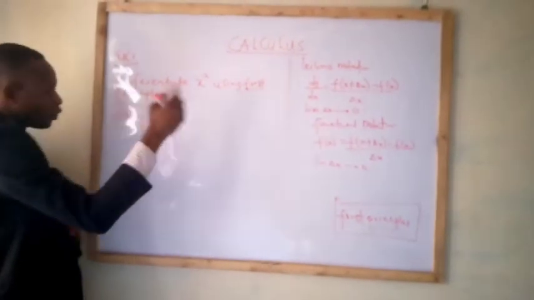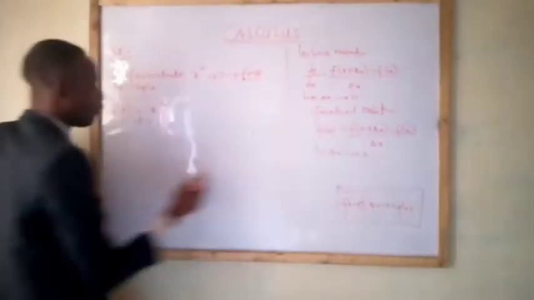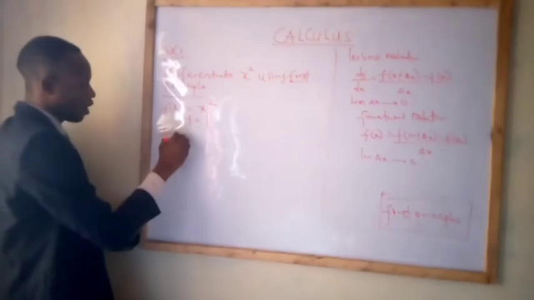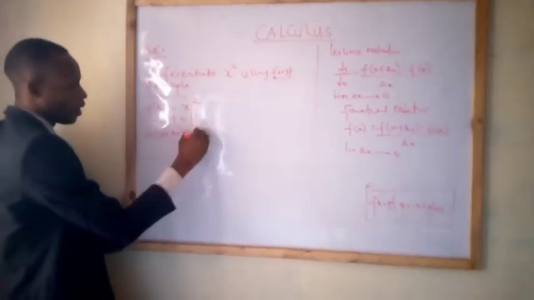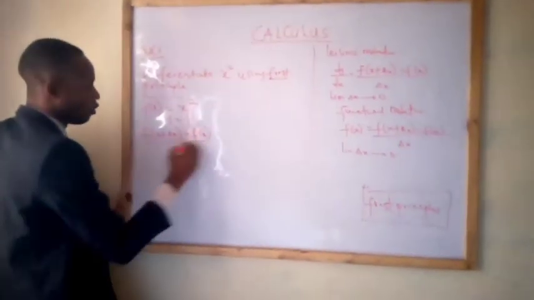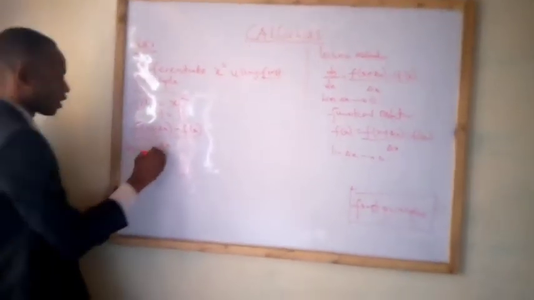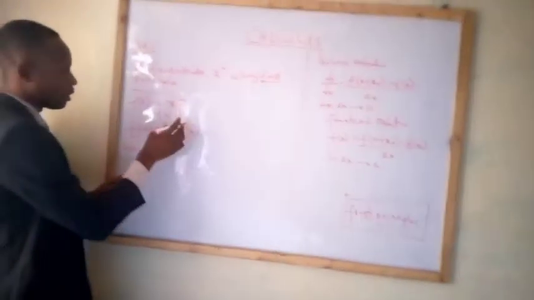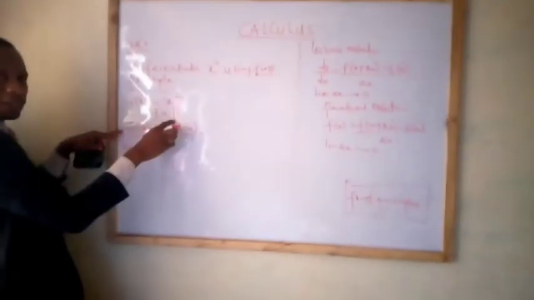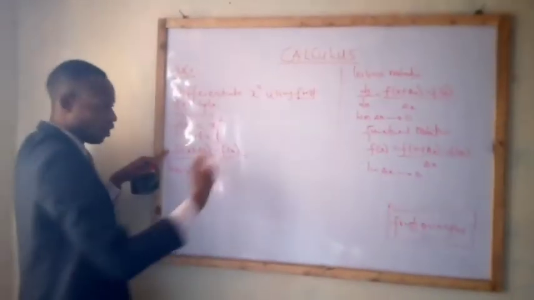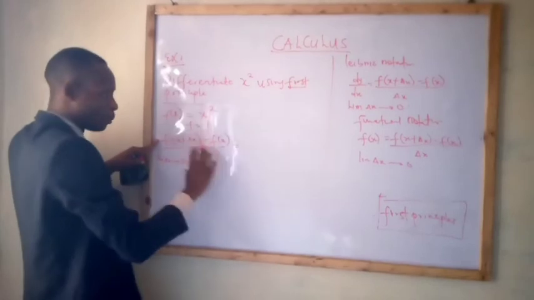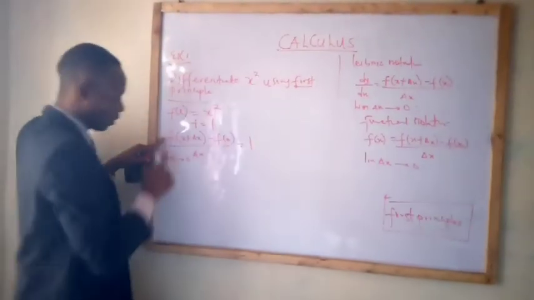Are we together? So therefore, if you are to use this formula, we have f of x plus delta x minus f of x all over delta x, right? Then don't forget limit delta x tends to 0. So if I'm replacing these parameters here now, that means my f is 1, which can be neglected. Or for the sake of getting this point, just simply put 1, which is my f.